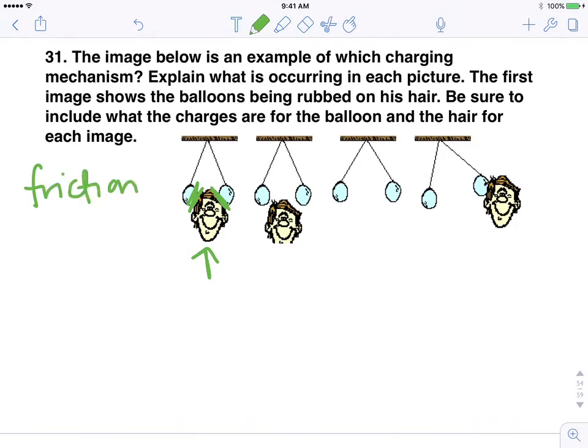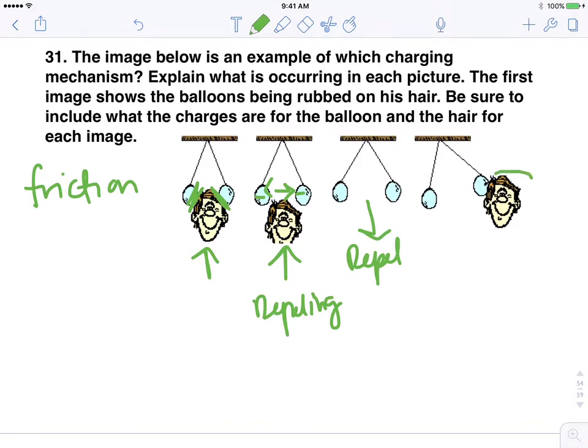And explain what is occurring in each picture. Well, here, now that both of these have a negative charge, they are repelling. And he moves from the situation, and they are still repelling. And then polarization kind of occurs here.